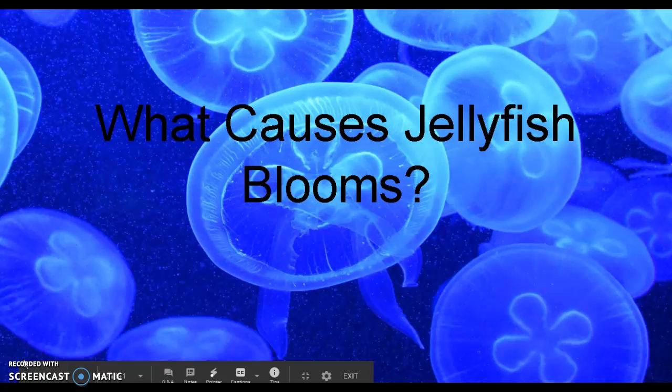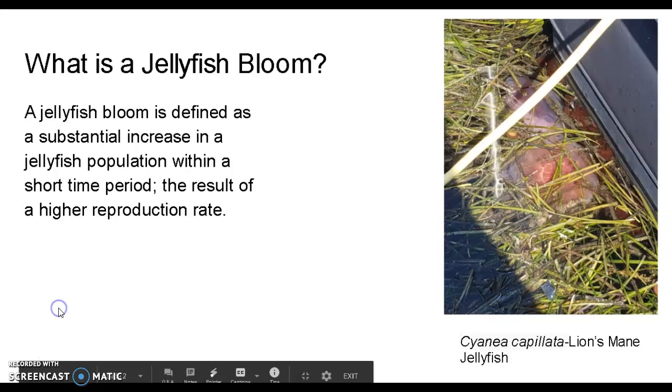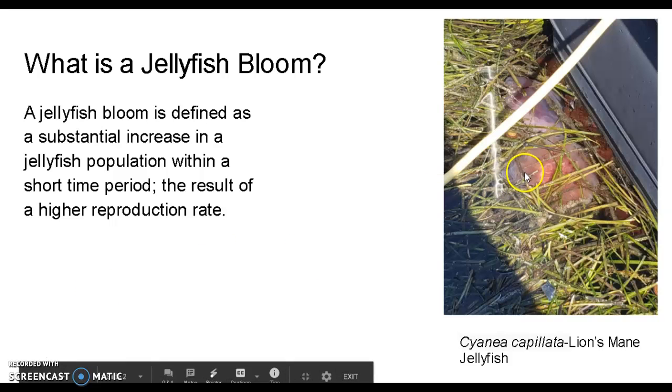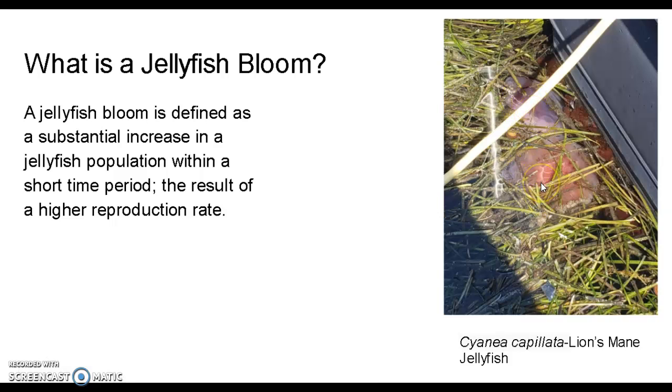So what causes jellyfish blooms? A jellyfish bloom is defined as a substantial increase in jellyfish populations within a short period of time, the result of a higher reproduction rate. This is a picture that I took of two lion's mane jellyfish, actually just this past Labor Day in Connecticut, in Niantic Bay.